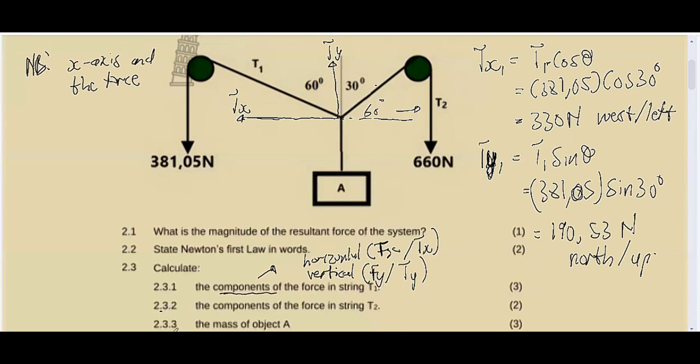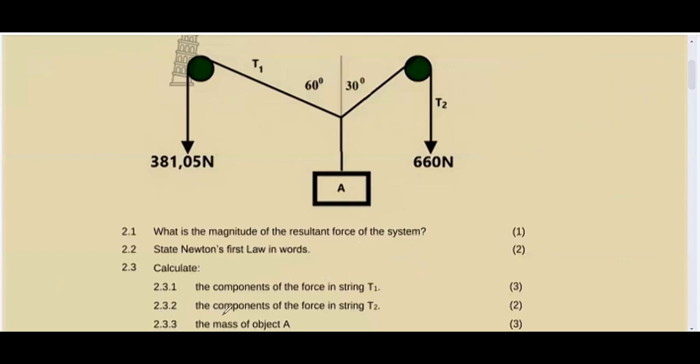Now let's get to 2.3.2. Here we are required to calculate the components of the force in string T2. So once again, this is T2x. Then we have T2 cos theta. What is the magnitude for T2? That's 660. Then we have cos.